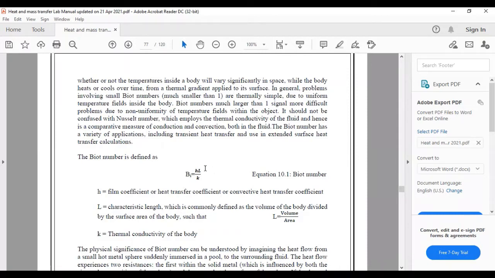Their ratio is called the Biot number. Its formula is Bi = hL over k, where h is the convective heat transfer coefficient, L is the characteristic length, and k is the thermal conductivity of the body. So this is the Biot number.